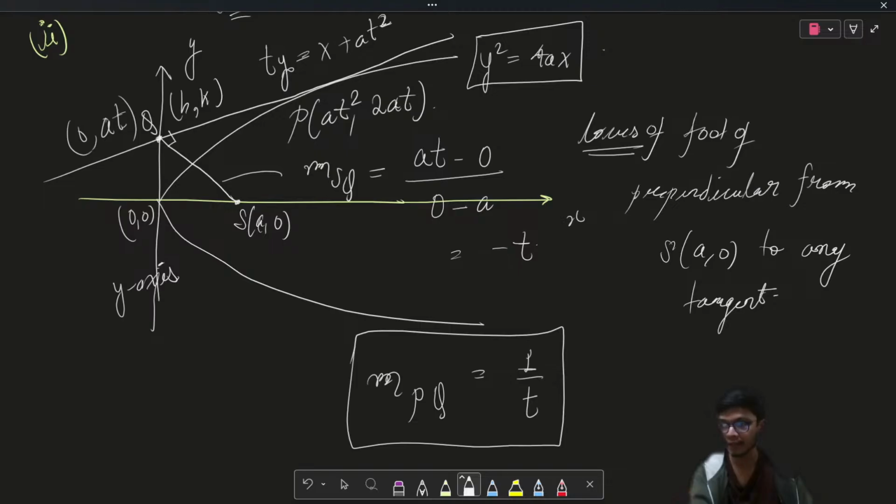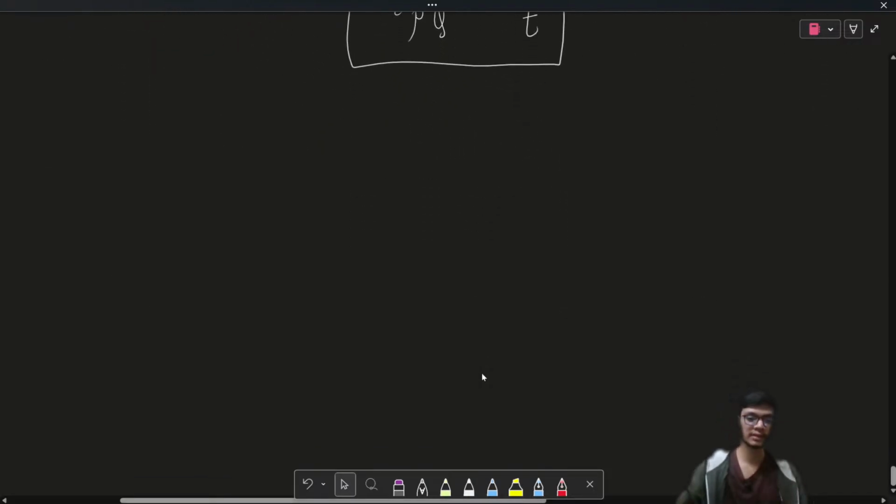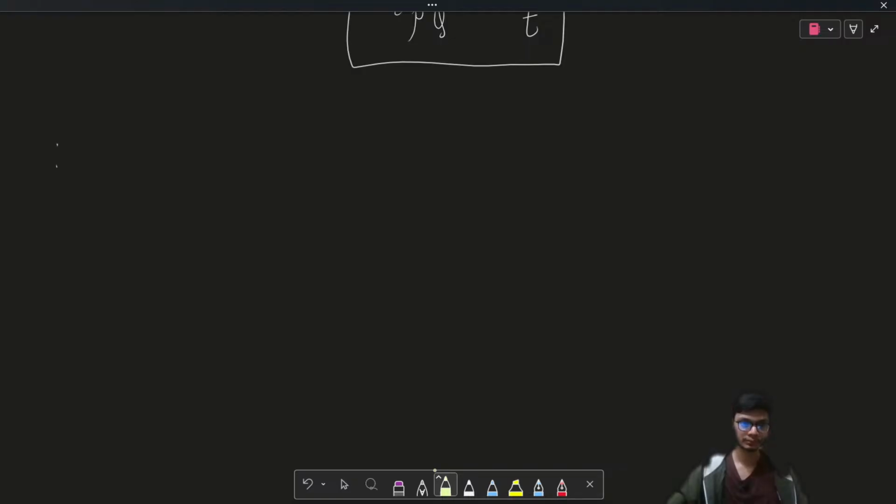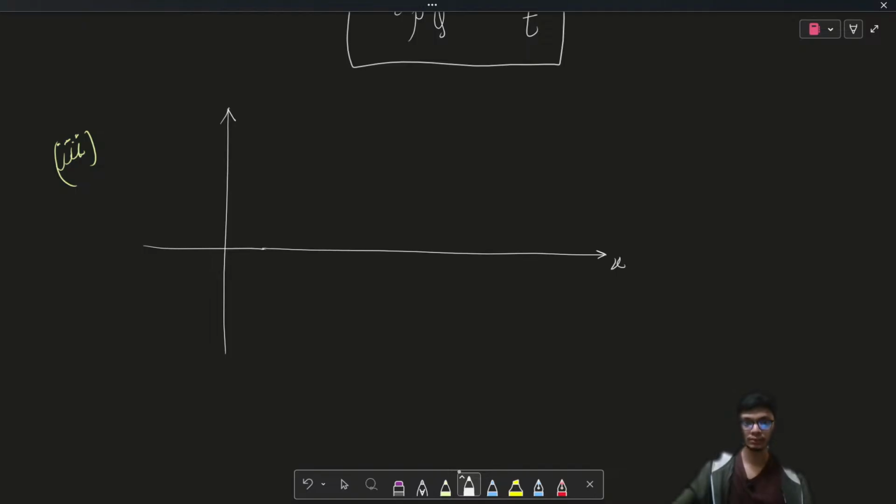Okay, so we'll definitely see some more properties regarding this as well, right? And another important property to be noted is that there is a third property. This property talks about a standard parabola, like this.